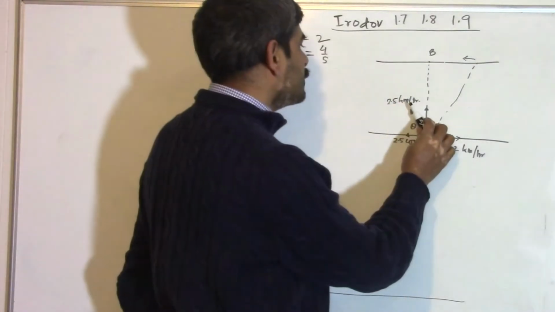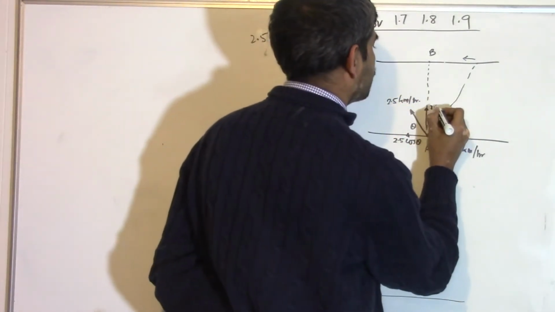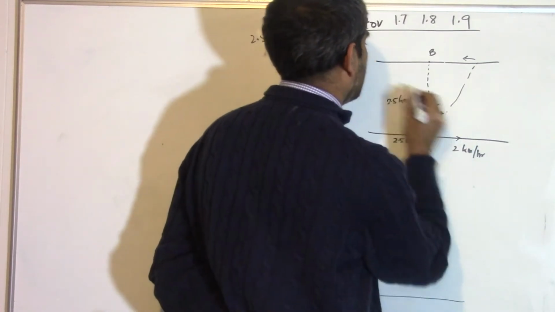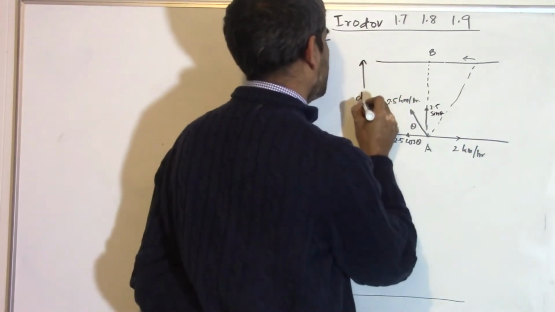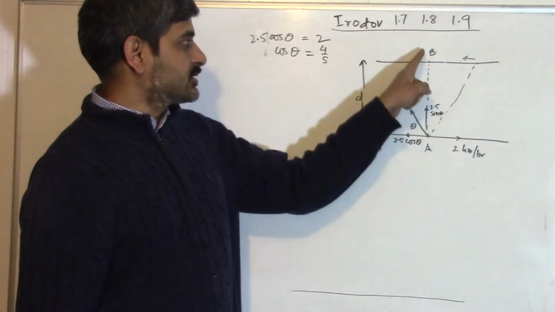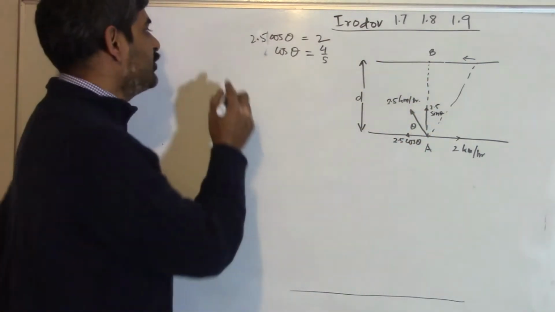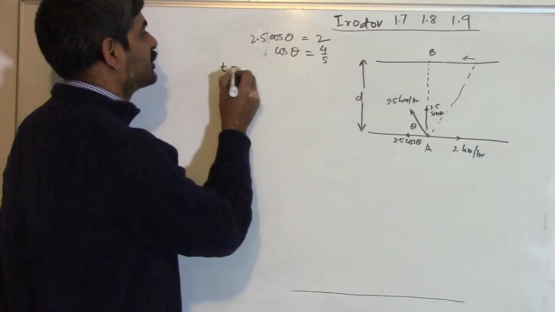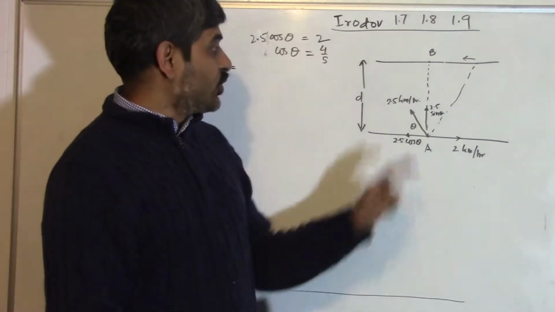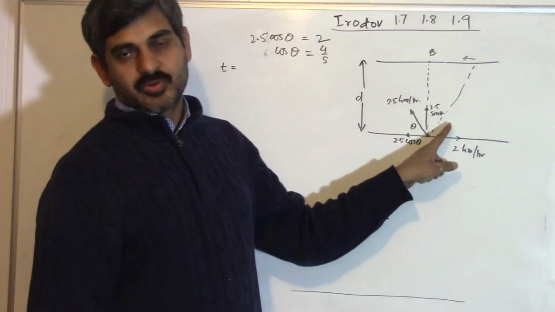Now, with the velocity 2.5 sin theta, let's say this distance is d. Then he crosses this river with this vertical velocity, and the time taken in crossing the river will be given by this vertical distance divided by the vertical component of the velocity.